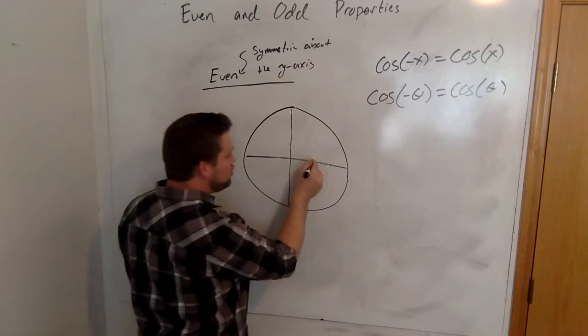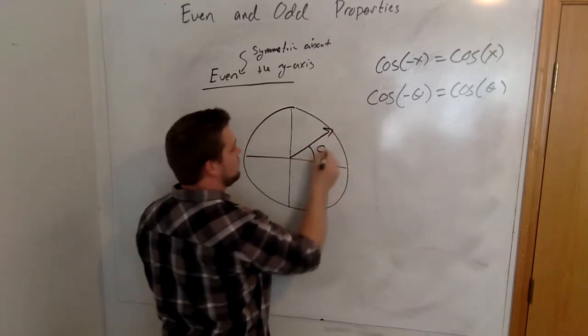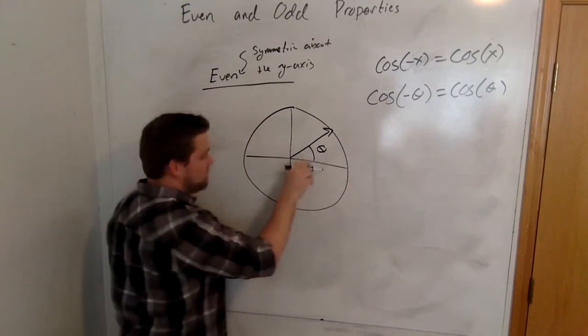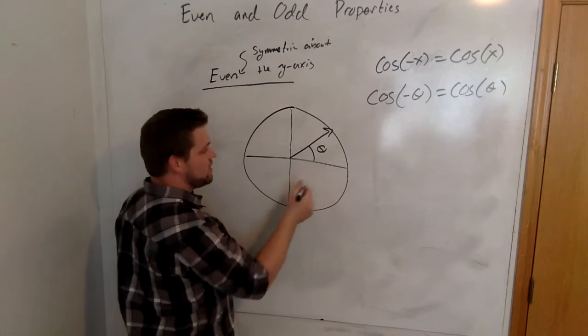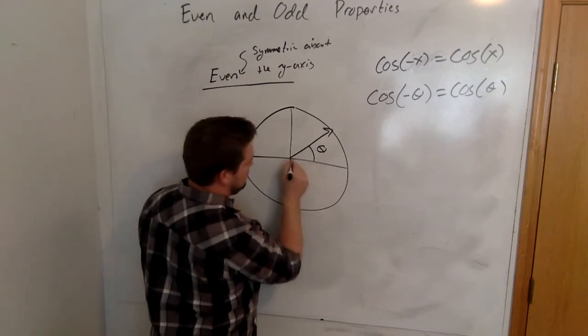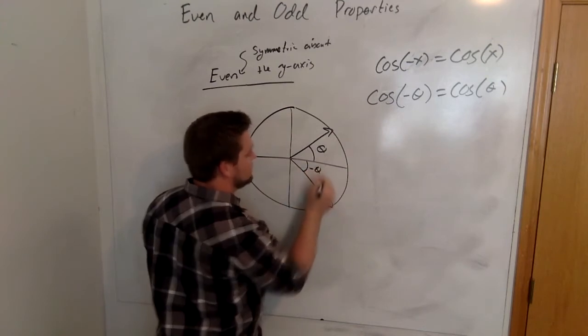Well, if we rotate an angle theta, what if we rotated a negative angle theta? That just means we're going in the opposite direction. It's not a perfect circle here, but this would be negative theta.